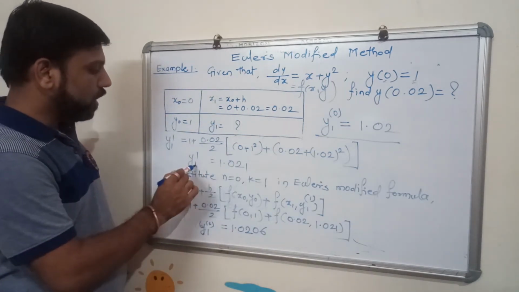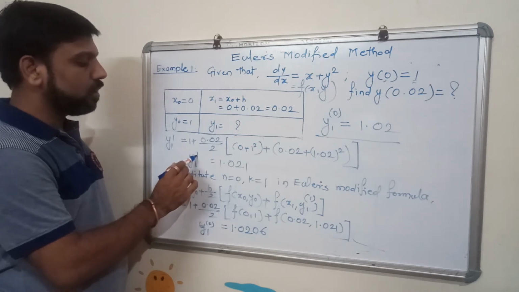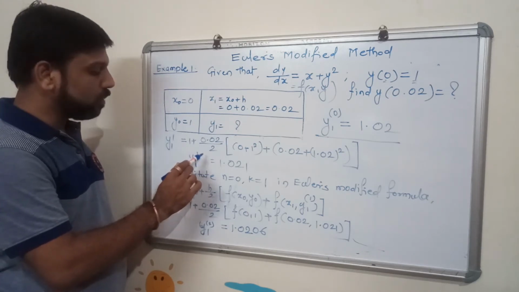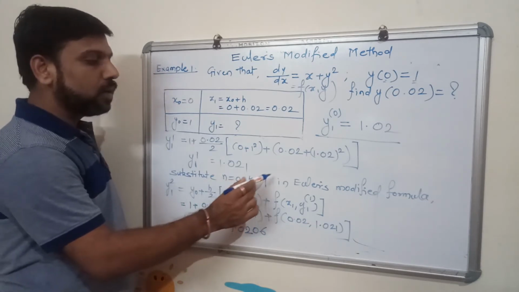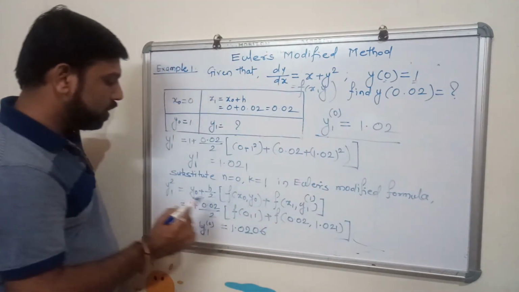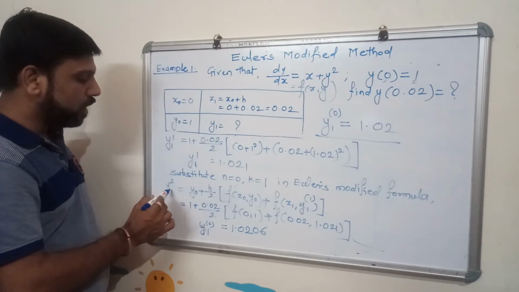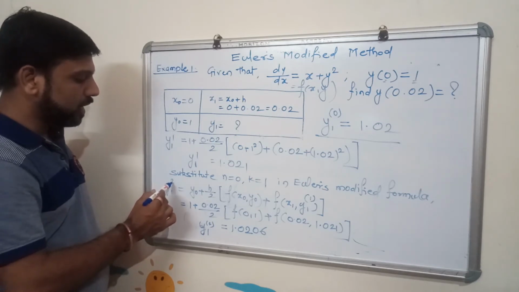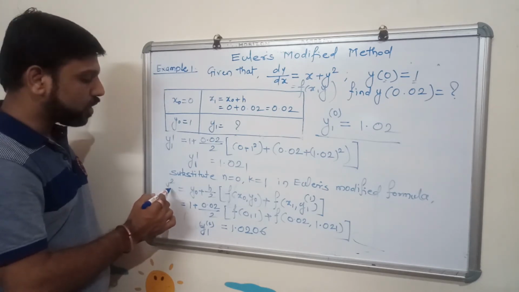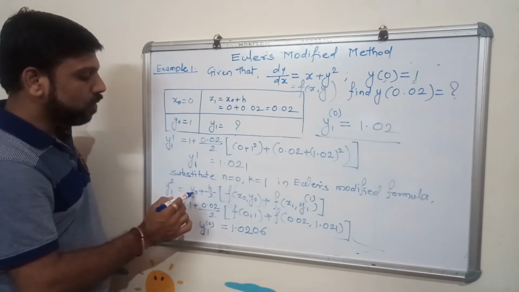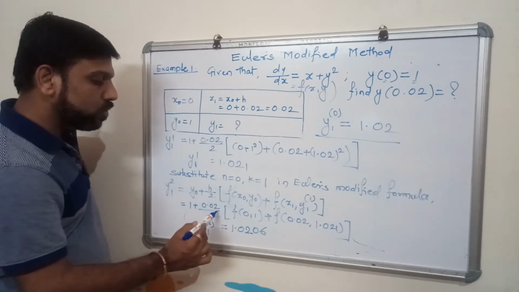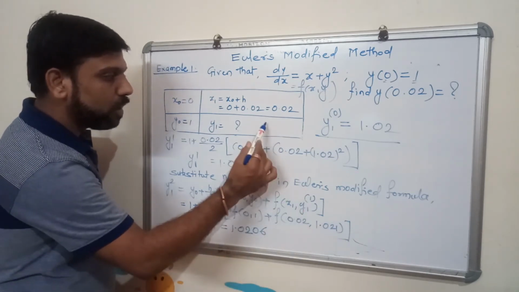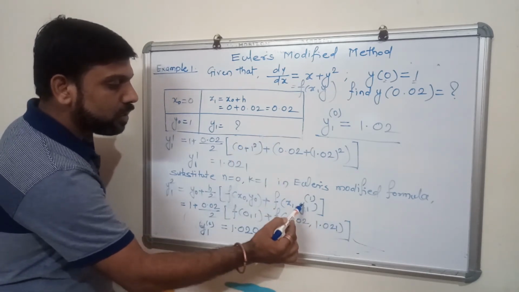Now we have found iteration 1 with this first approximation. Similarly, if we substitute n equals 0, k equals 1 in Euler's modified formula, the formula becomes y1, the first iteration, and this is the second approximation for that first iteration: y0 + h/2, and so on. All these values we know from the table format, so substitute in this.